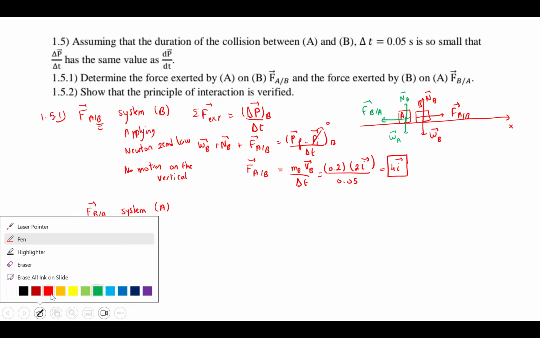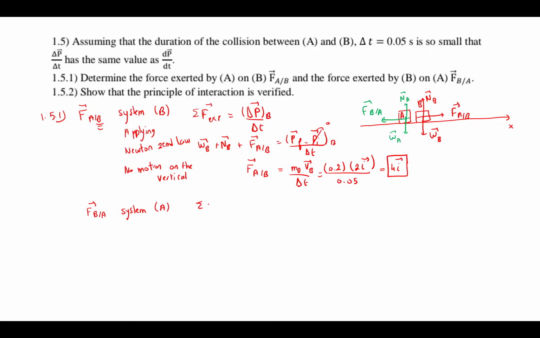So we'll apply Newton's second law another time, but this time we have to pay attention. I have to take only one system, which is the system A. We're studying A now. So we have WA, normal A, and the force done by B on A equal delta P over delta t.